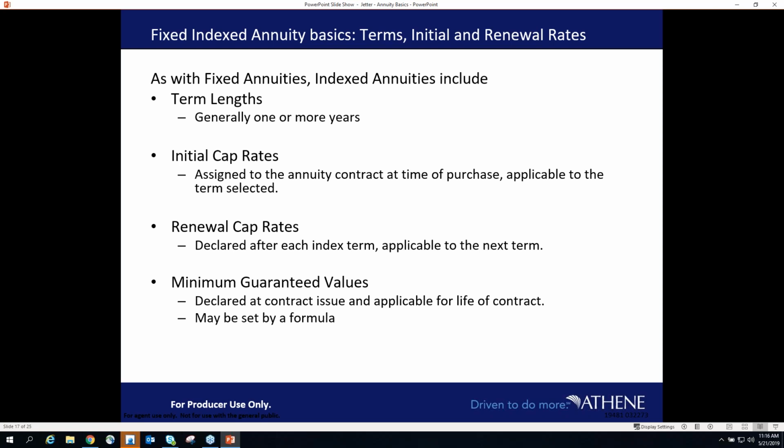So you may have a client that has a 1 or a 2 year term. They will get a rate initially for that, and then when it comes up to renewal, they can get a new rate, can be higher or lower just depending on the interest rate environment.